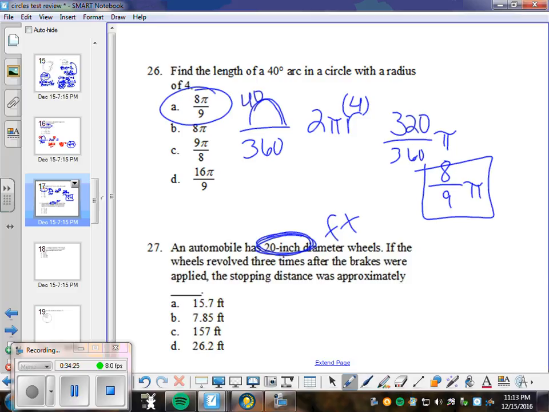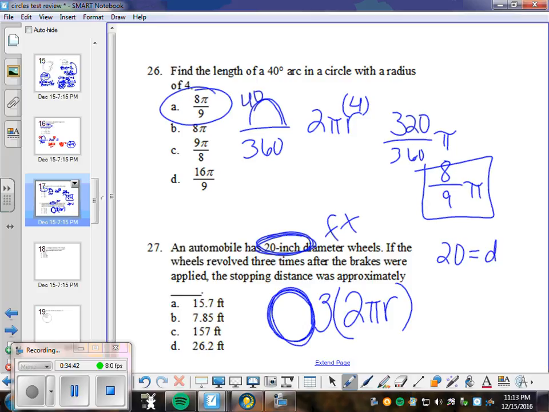If the wheels revolve 3 times, so we're going around 3 times, the measured distance would be circumference. So we've got 2 pi r, and we're going to do that 3 times, right? Our diameter is going to be 20 inches, so radius is 10 inches. How many feet is 10 inches?